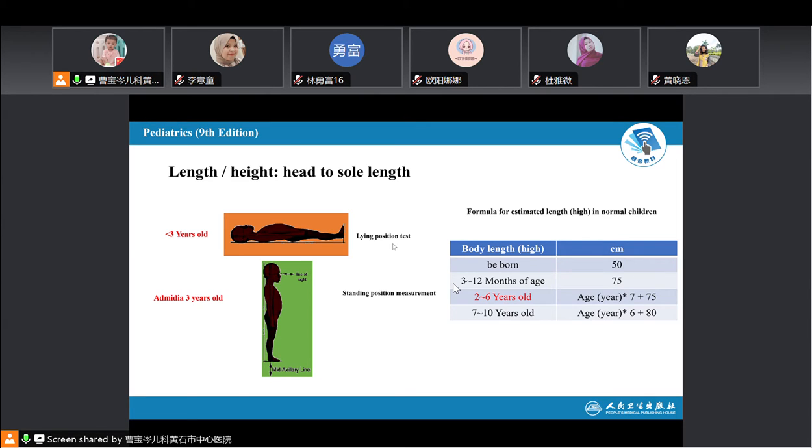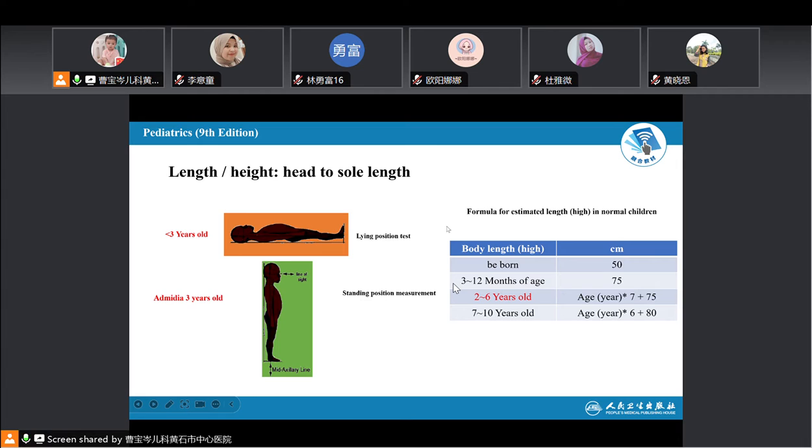If the child is less than 3 years old, we need the supine position measurement, and over 3 years old we use the standing position measurement.